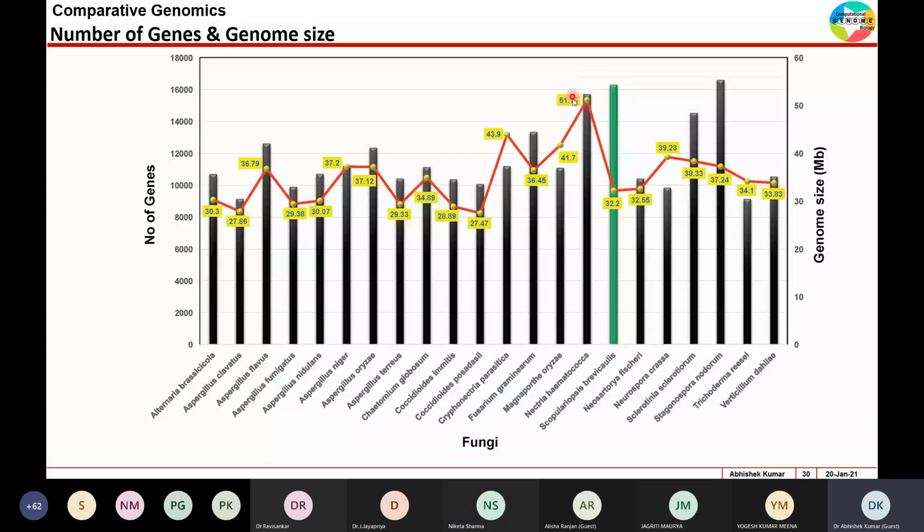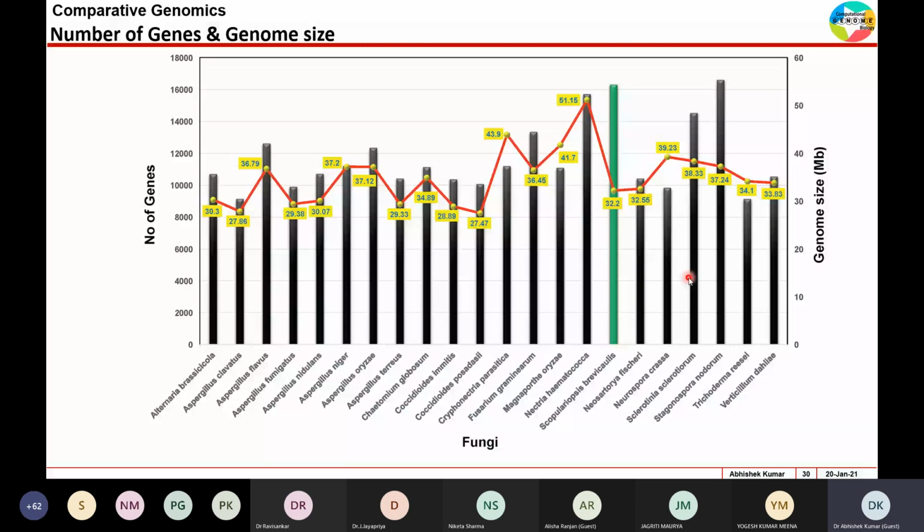This is crossing 16,000, and that one is lower than 16,000, about 15,000. So one can compute a comparative analysis across multiple species to give a hint of how gene distribution relates to genome size.